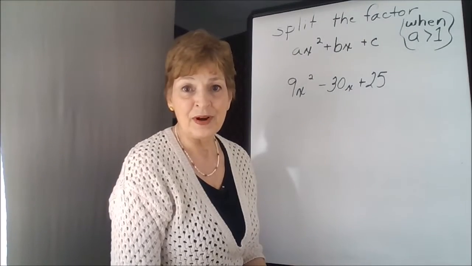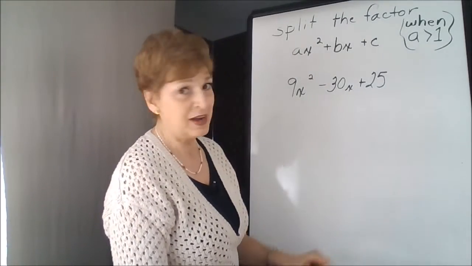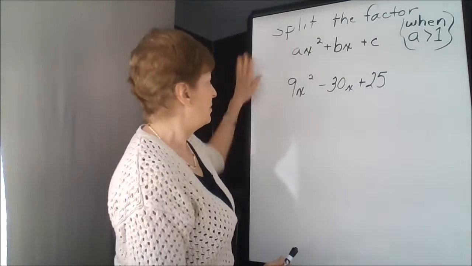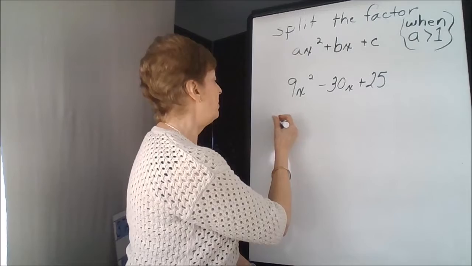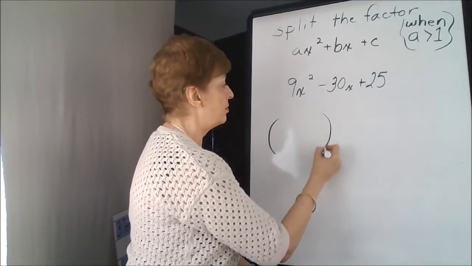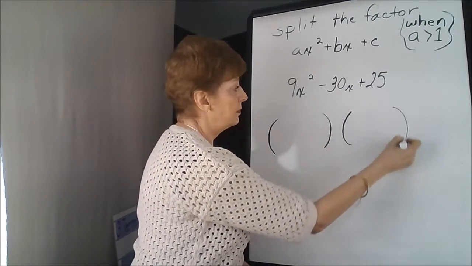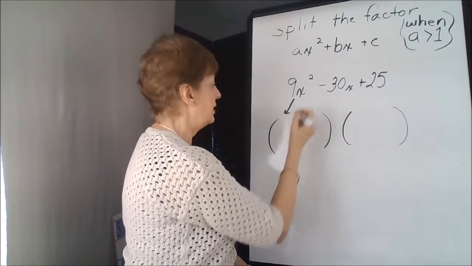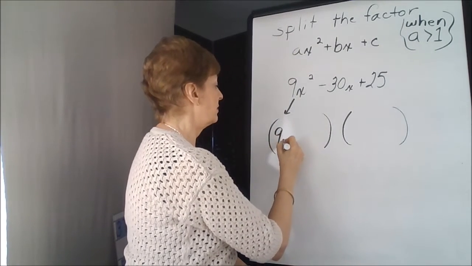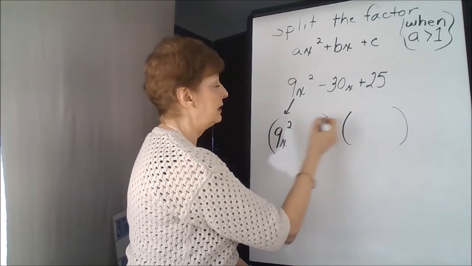Let me show you a couple more examples before we move on to something else. When we split the factor, we are making binomials out of this trinomial. The very first term goes in this first position. It's a copy job.